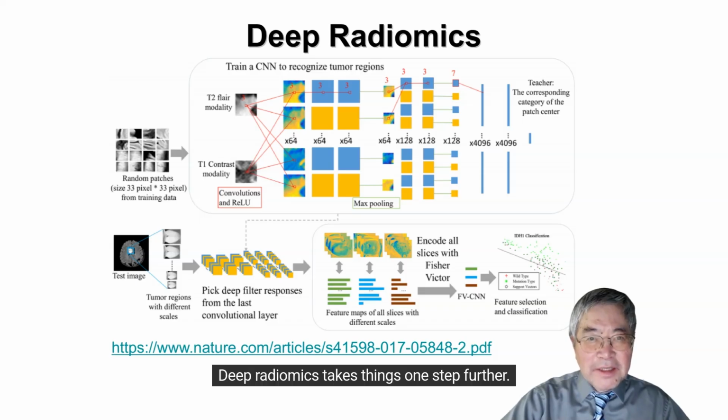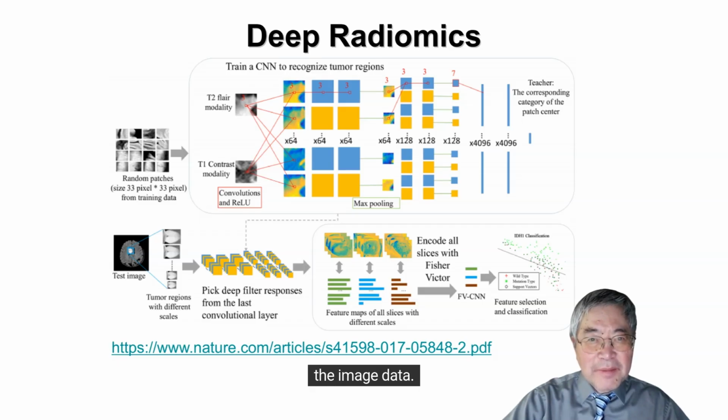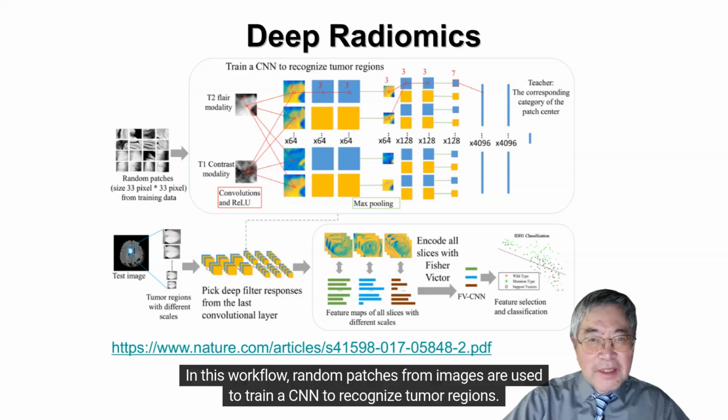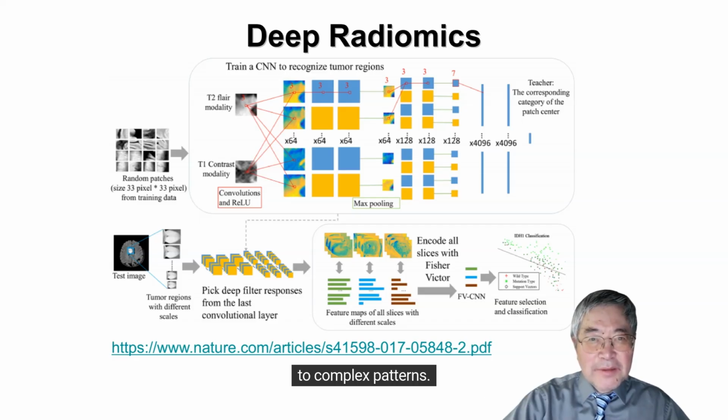Deep radiomics takes things one step further. Instead of manually extracting features, we use convolutional neural networks, CNNs, to learn them directly from the image data. In this workflow, random patches from images are used to train a CNN to recognize tumor regions. Multiple layers of convolution and pooling extract increasingly abstract features from simple edges to complex patterns.